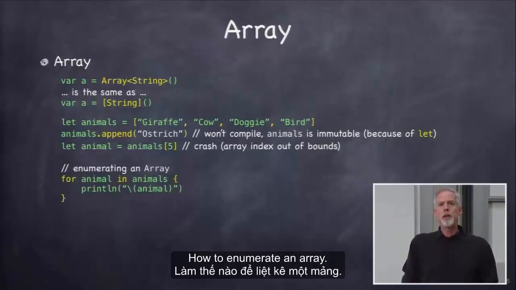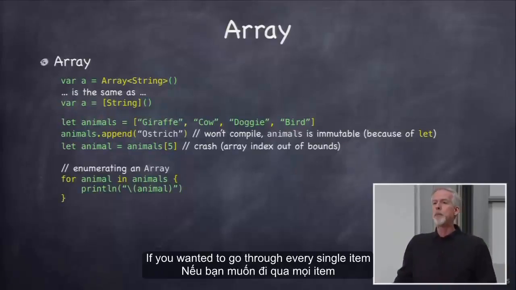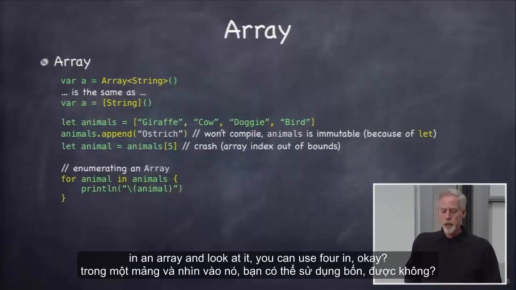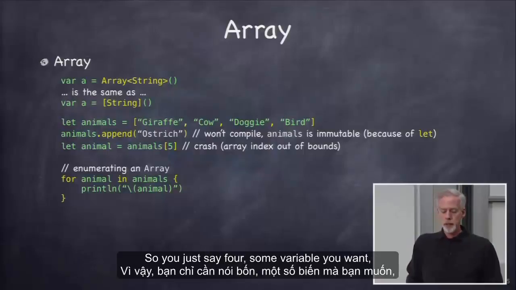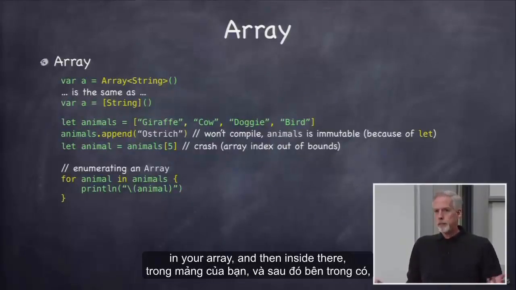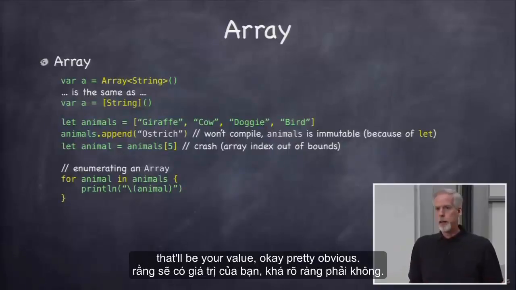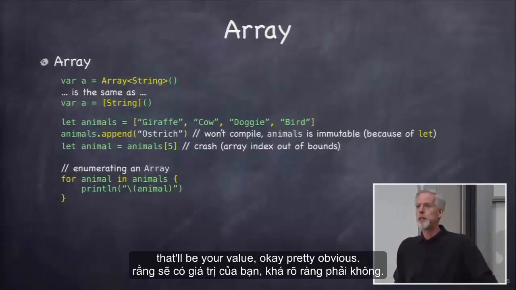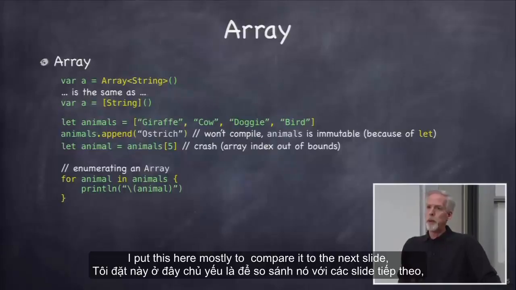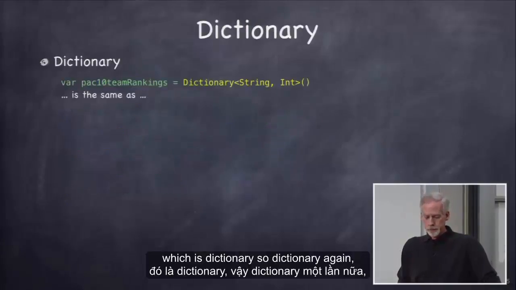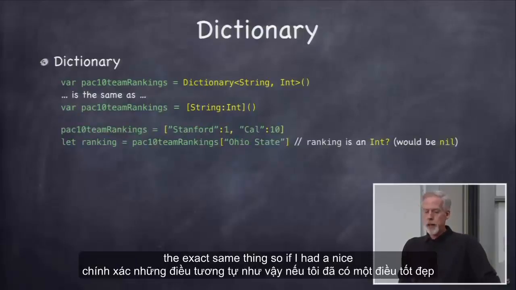How to enumerate an array. If you wanted to go through every single item in an array and look at it, you can use for in. So you just say for some variable you want in your array, and then inside there, that'll be your value. Pretty obvious. I put this here mostly to compare it to the next slide, which is dictionary. So dictionary, again, that square bracket thing is an alternate for the exact same thing.